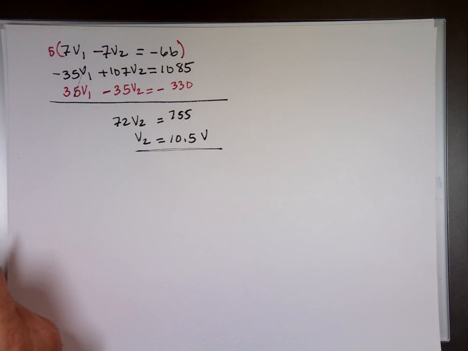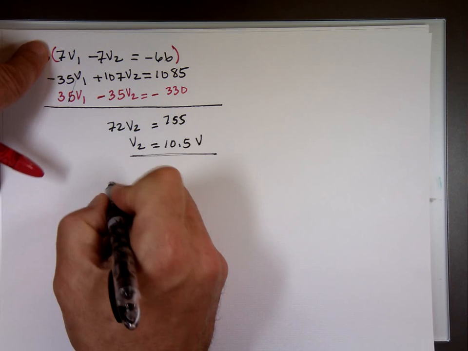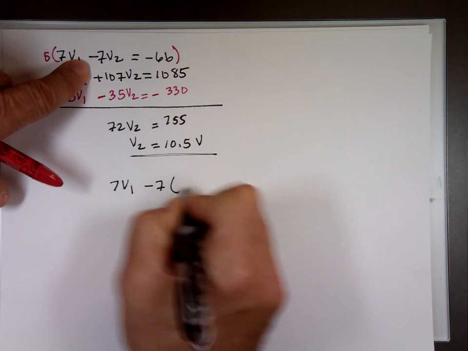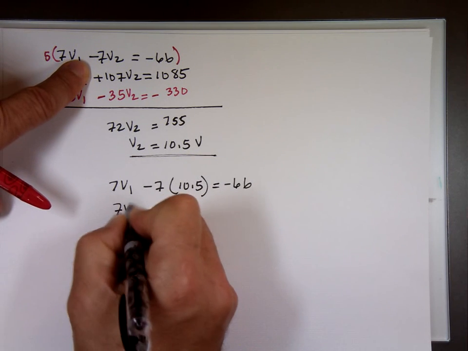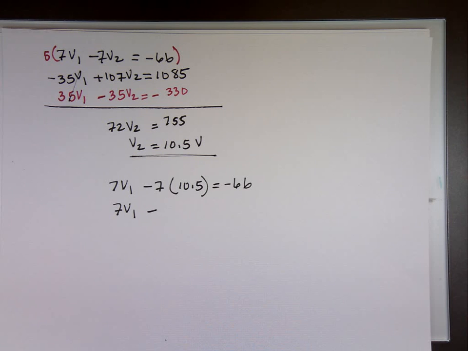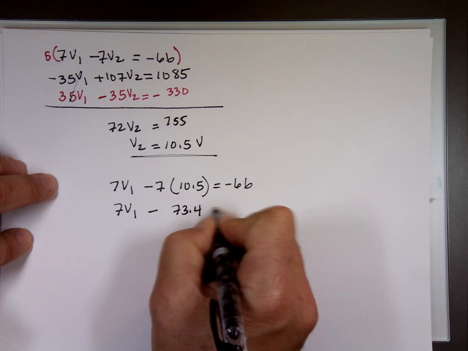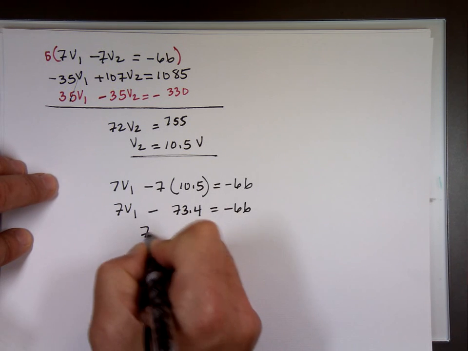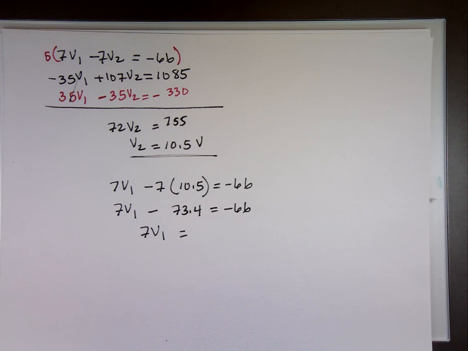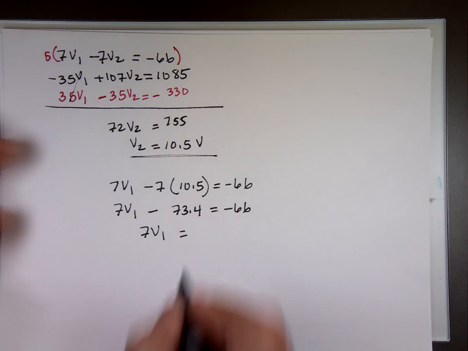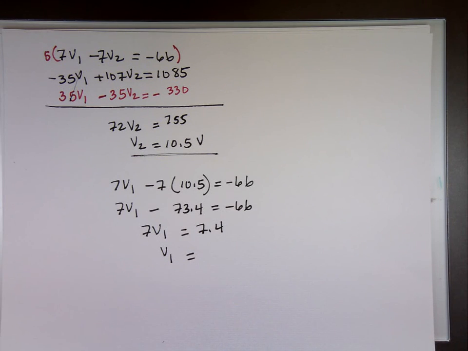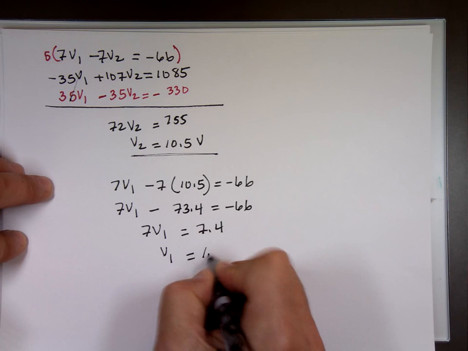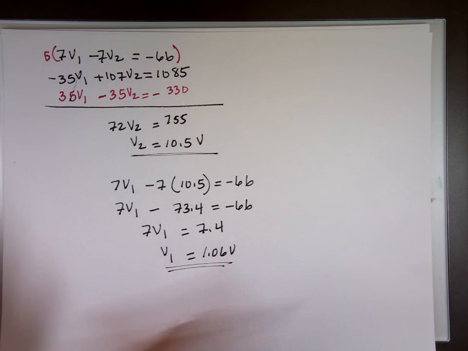Grab an equation. 7V1 minus 7 times V2, which is 10.5, equals negative 66. 73.4, this number, if I carry all the digits. 7V1 equals what? 7.4, and V1 equals 1.06. So we found all that stuff.